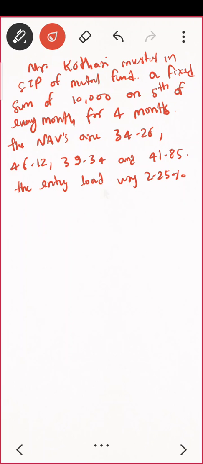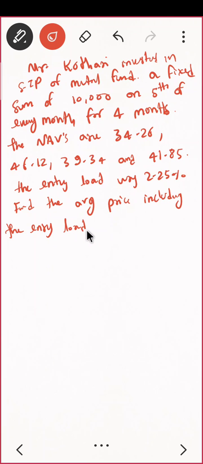Here we are having an entry load. Entry load is 2.25%. And what next? Find the average price including the entry load using the rupee cost averaging method.